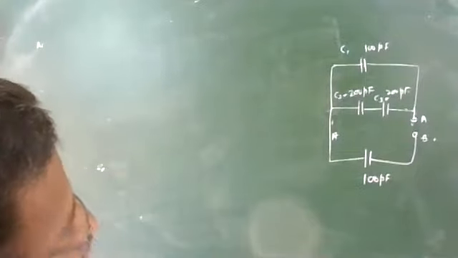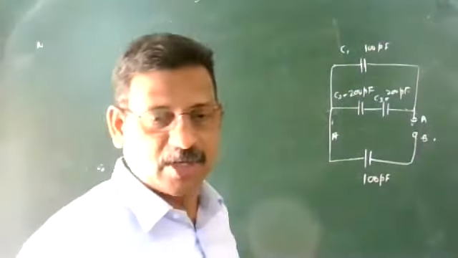What is the equivalent capacitance between A and B? Note this diagram. The answer is 300 picofarad. Calculate this value and give it. Other points we will continue.